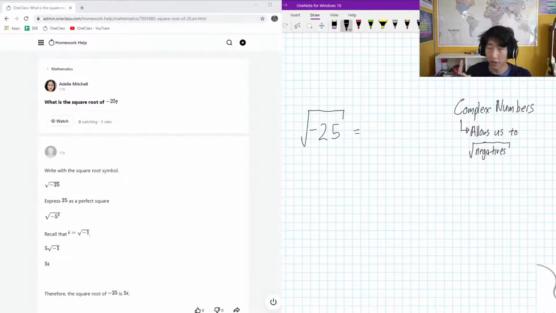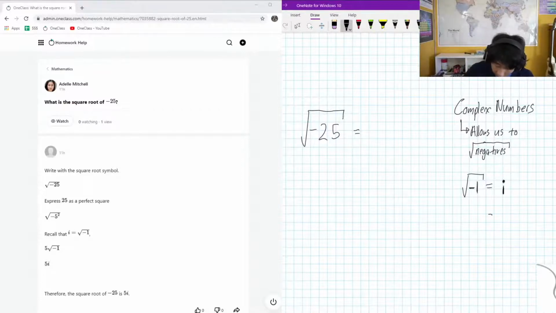Okay, the fundamental relationship that we need to keep in mind is the square root of negative 1 is equal to i. Just the letter i, like internet or I'm so cool. Just the letter i. This is the fundamental relationship that you need to keep in mind.